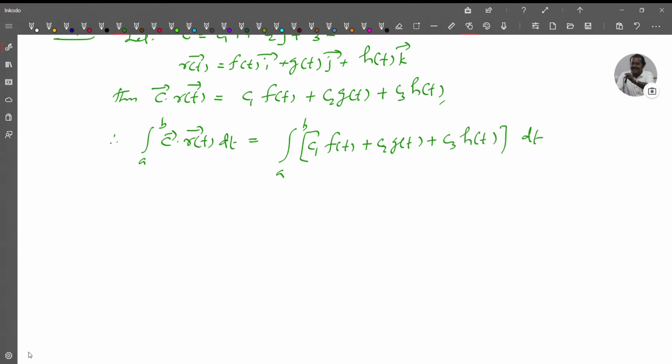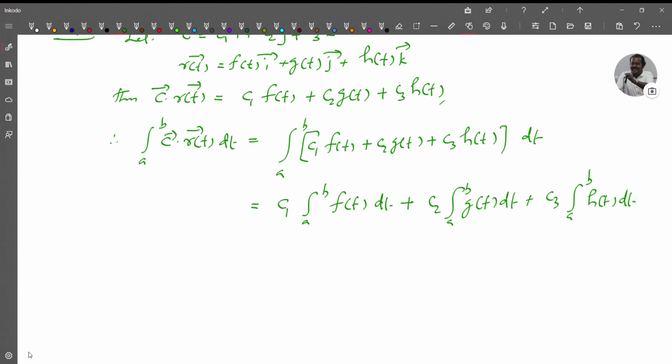So this is equal to C1 times the integral from a to b of f of t dt plus C2 times the integral from a to b of g of t dt plus C3 times the integral from a to b of h of t dt.